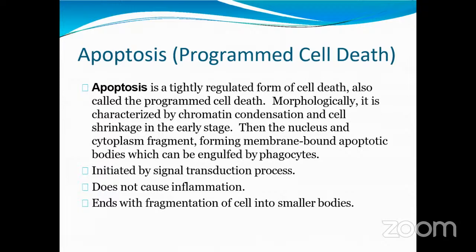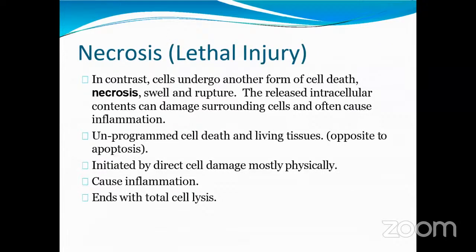In the same way, when apoptosis happens, only that cell will die without affecting anything. Okay. But necrosis is like an accidental death. When a person has an accident, it may injure some other people also.